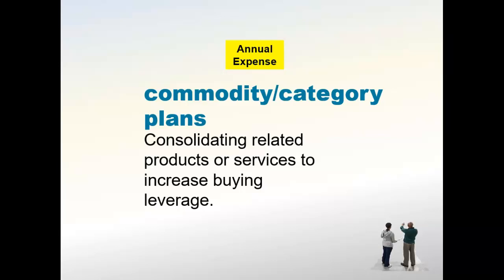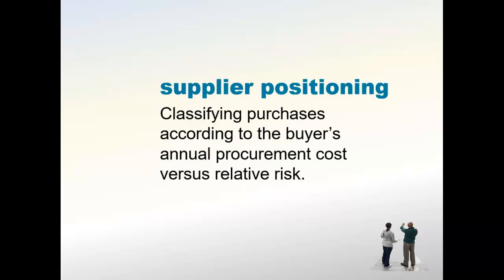Commodity/category planning continues by considering how each purchasing category should be managed in the future, using tools such as supplier positioning and supplier preferencing. Supplier positioning classifies purchasing to gain better insight into how each category should be managed by the buyer organization.